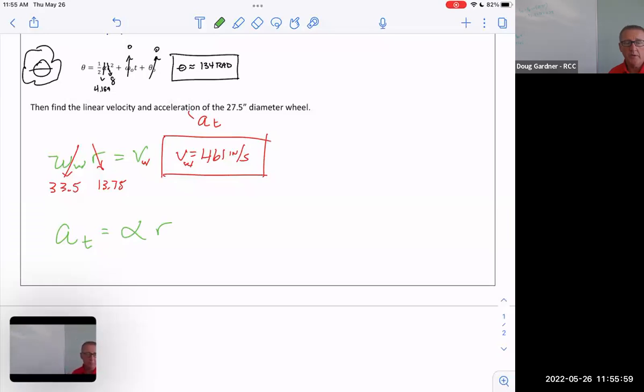That's it. Sweet. Do I know r? Yeah, that was the 13.75 because we're talking about the wheel now. And we know the angular acceleration. We said a minute ago that was 4.189.